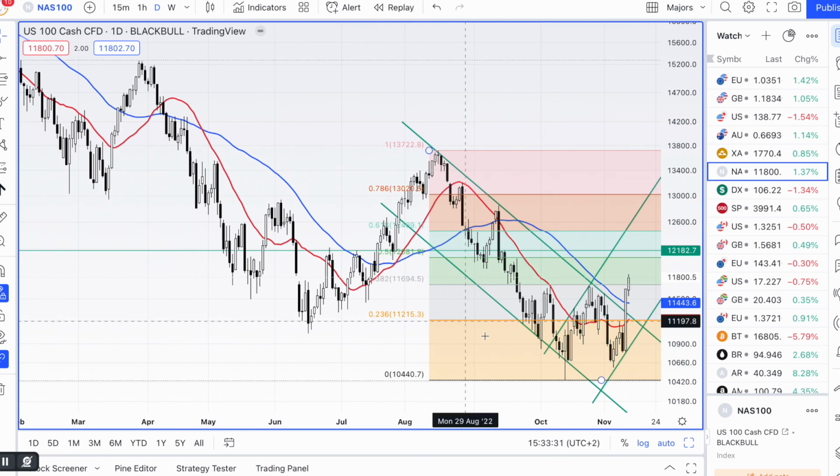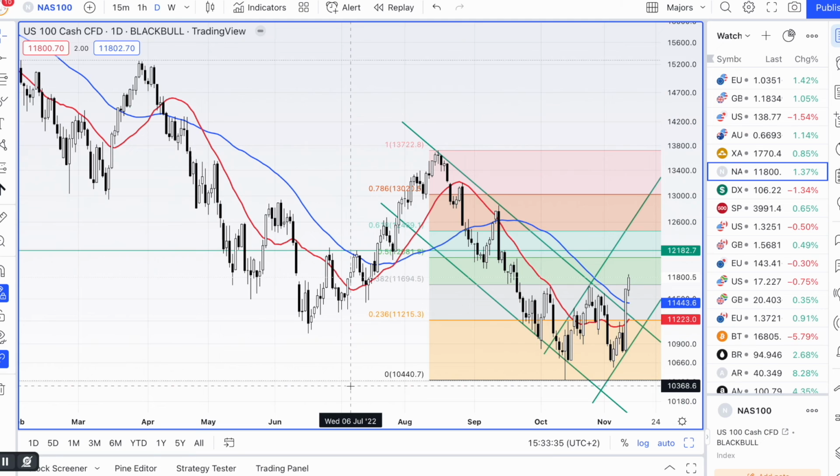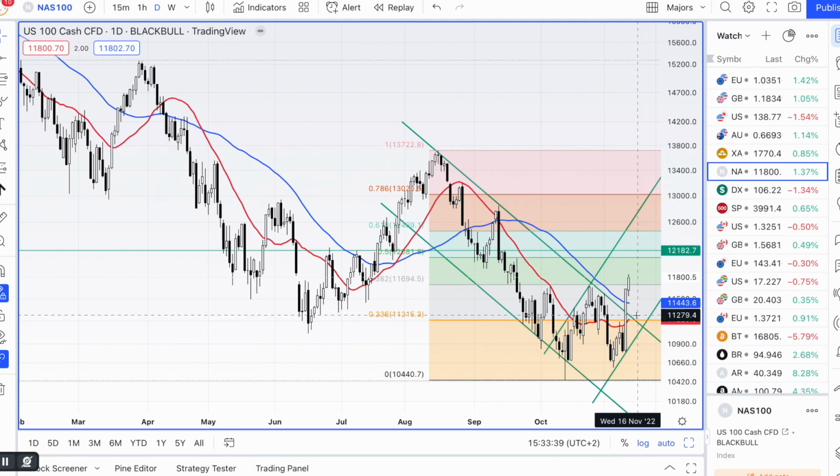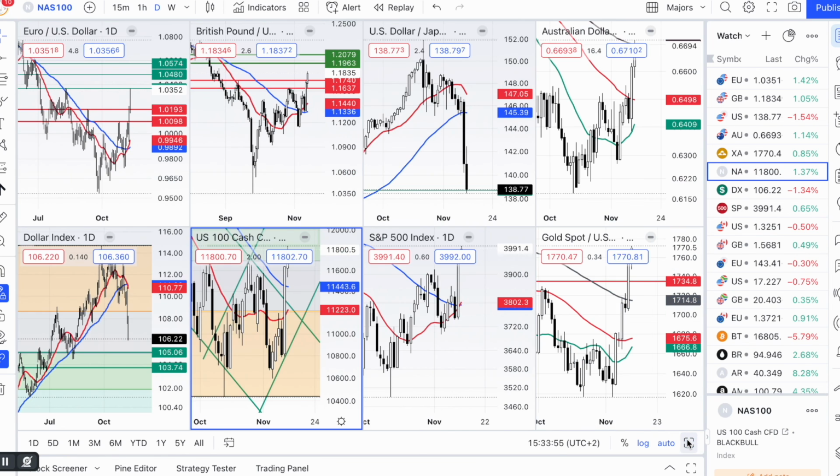I'm not going to go into that one in detail, but you can draw that picture on your own charts and decide how you want to trade that. But I'll be looking to buy dips and exit somewhere around 12,000 to 12,200, and perhaps even slightly higher at 12,400, which is this level here, that Fibonacci level. That's the 61.8. So that's the trading strategy for the week ahead.